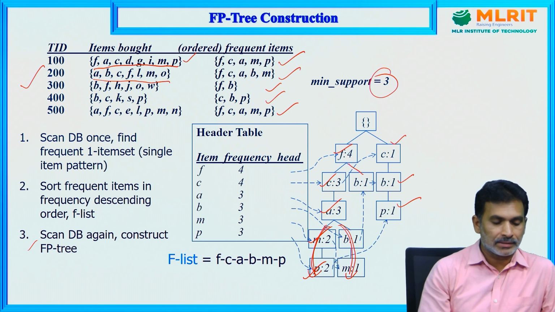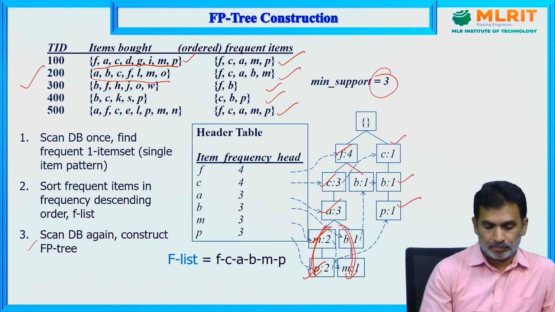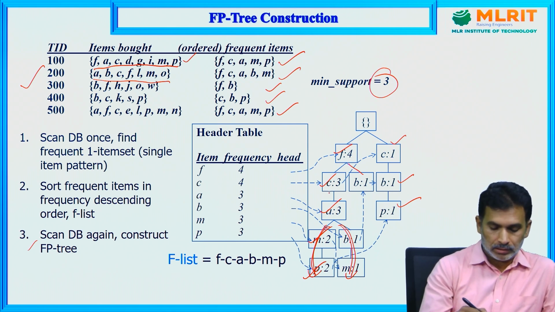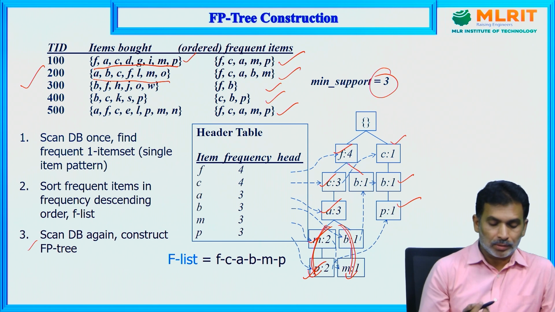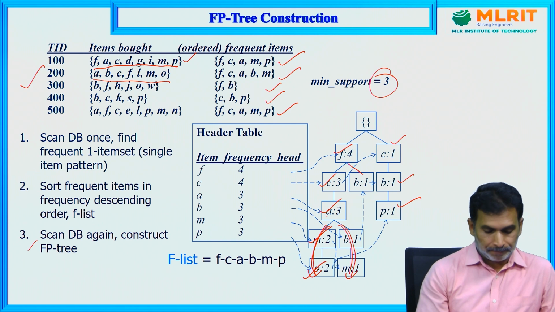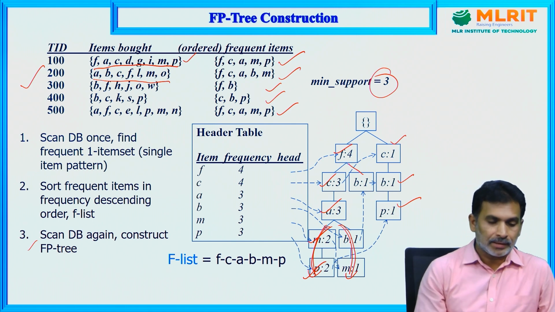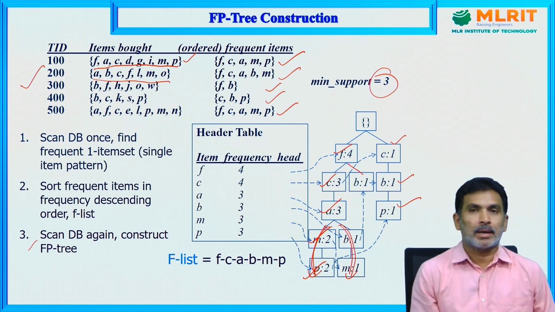Next, the fifth transaction, F, C, A, M, P. The same path already exists, so we can simply increase the support count of each node. So this is the way we construct the frequent pattern tree.